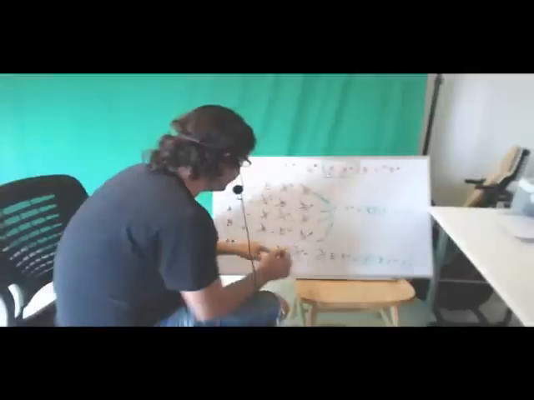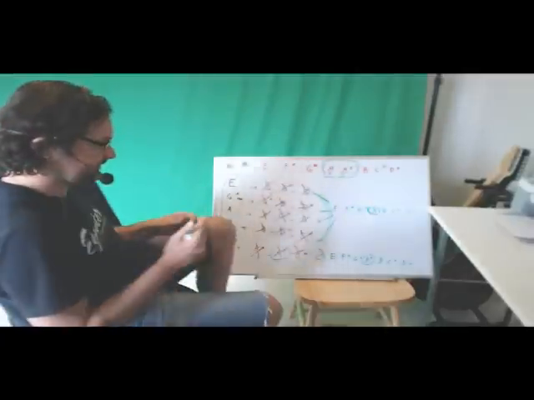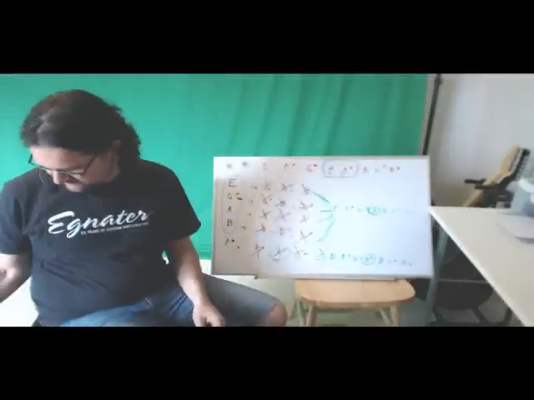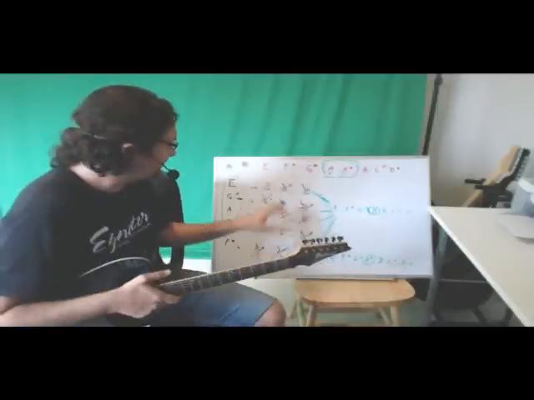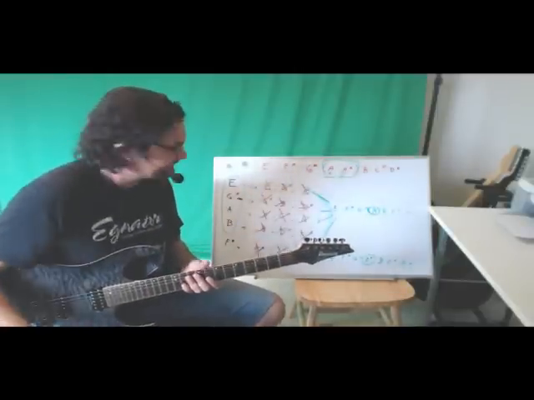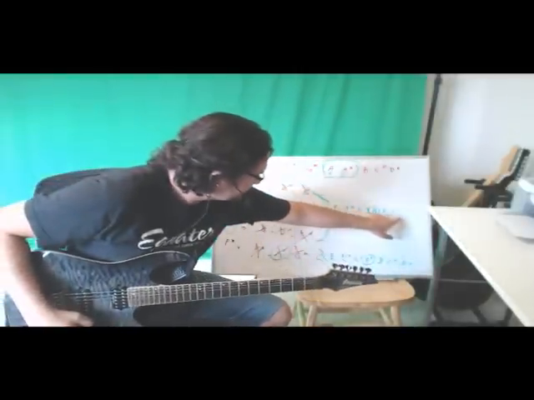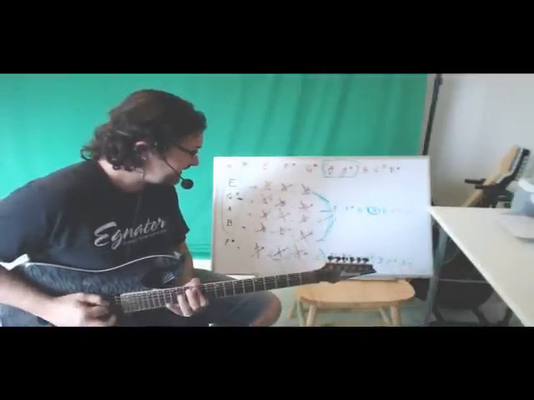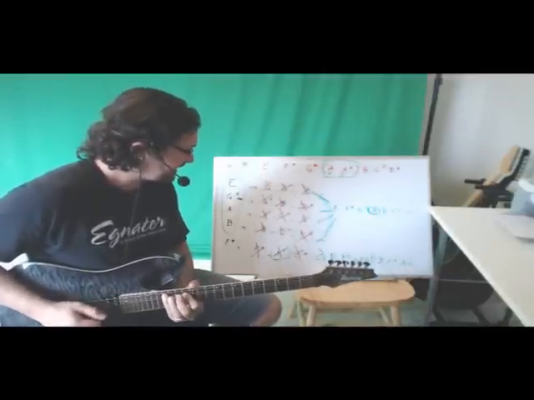A sharp because there's an A sharp right here. That's called a modulation. A change of key within the song. So the first section, we can use the scale E, F sharp, G sharp, A, B, C sharp, and D sharp.